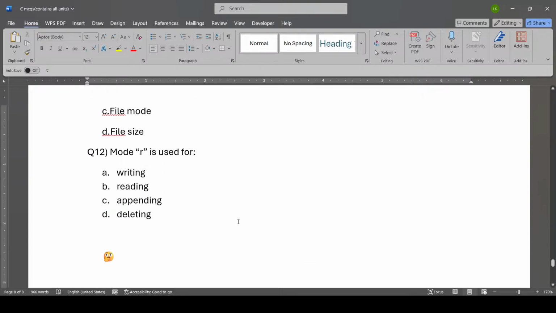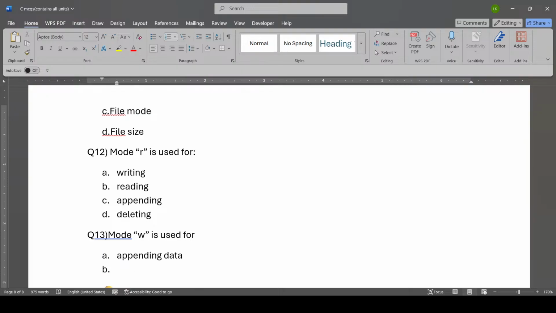Now we are going to write the next question here. Question 13. Mode W is used for: A. Appending data.